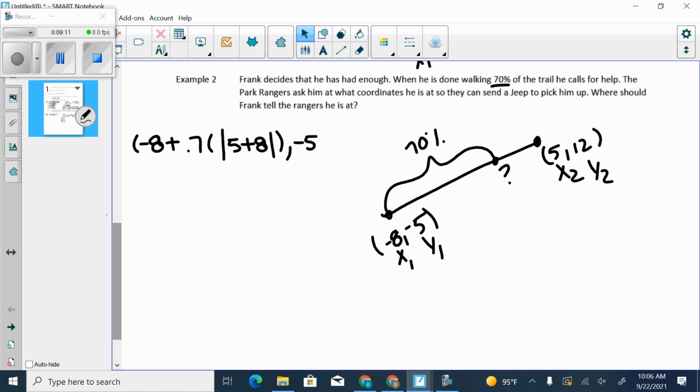So I started at -5, ended up at 12. Plus, so up. All right, times k, which we said was 0.7, times the absolute value of y2 minus y1, which would be 12 plus 5, because two negatives would make a positive.